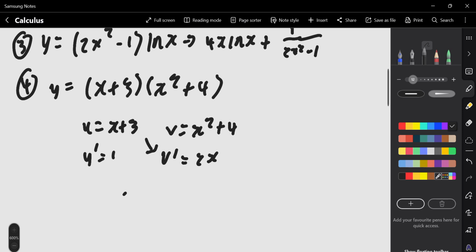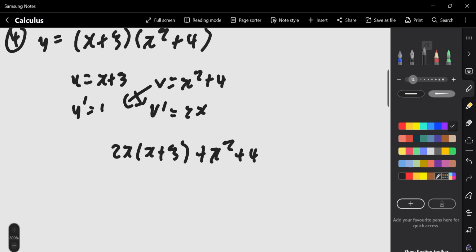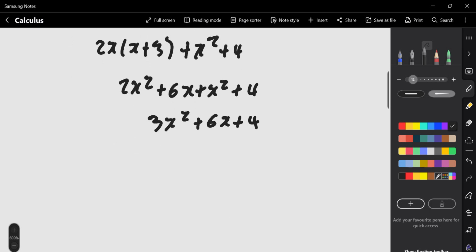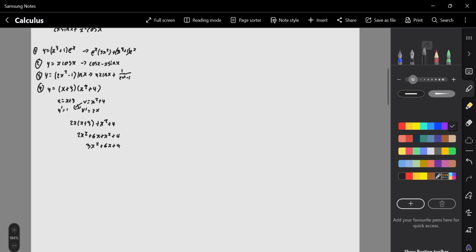So you're going to have 2x lots of x plus 3, and then v u prime. So this is going to be x squared plus 4, and then let's times out. So we can get 2x squared plus 6x plus x squared plus 4, which is just going to give us 3x squared plus 6x plus 4. Nice. Nice and simple. That's your product rule.